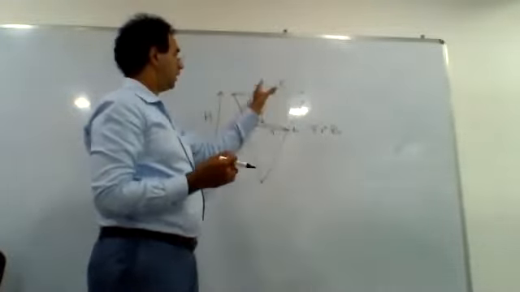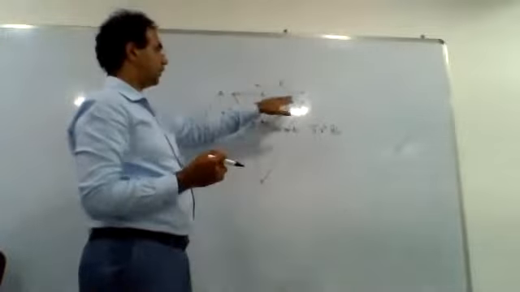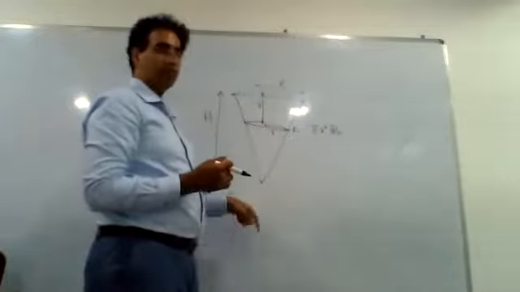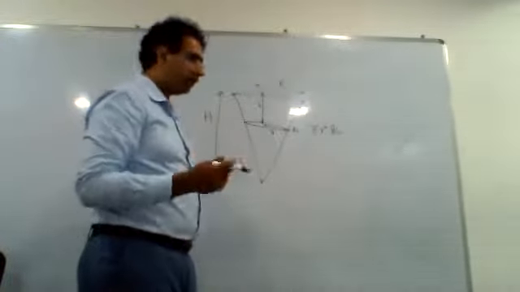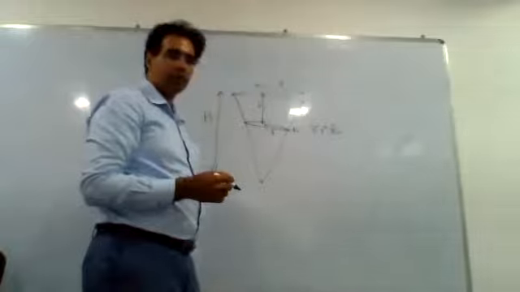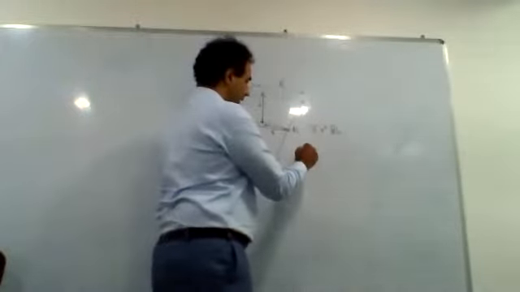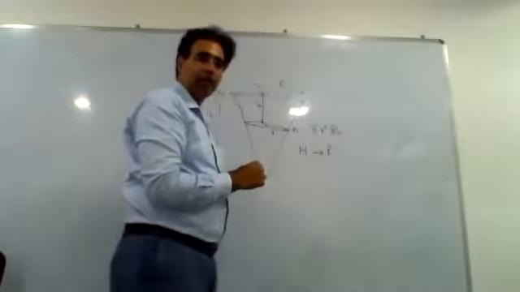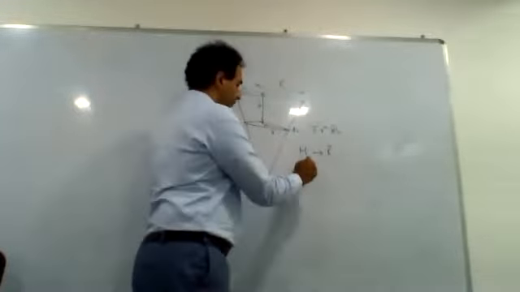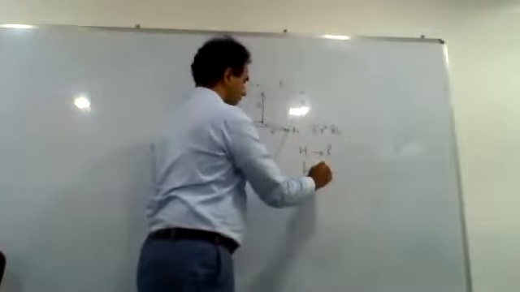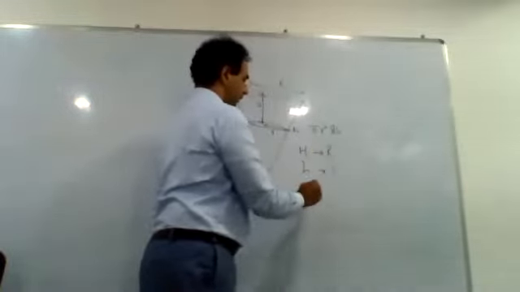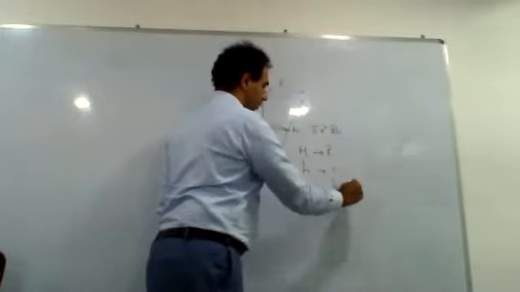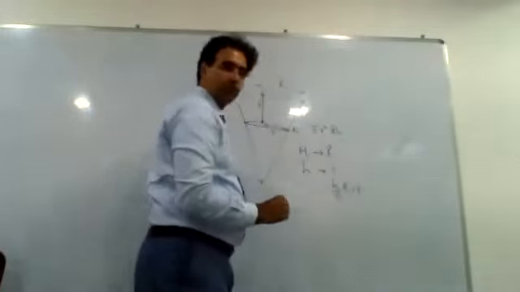As you can see, at the top, at a height H, the radius is r, and when the height becomes 0, the radius drops to 0. So the way you would approach this is: at a height H, the radius is r, and at a height small h, what is the radius? That will be h by H into r. That is the small r.